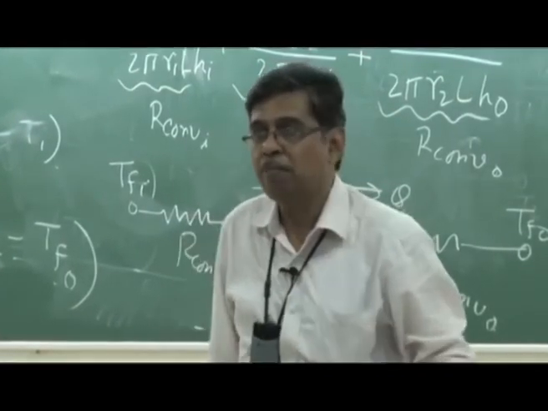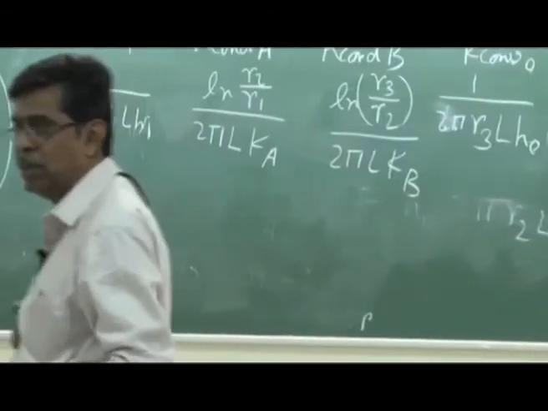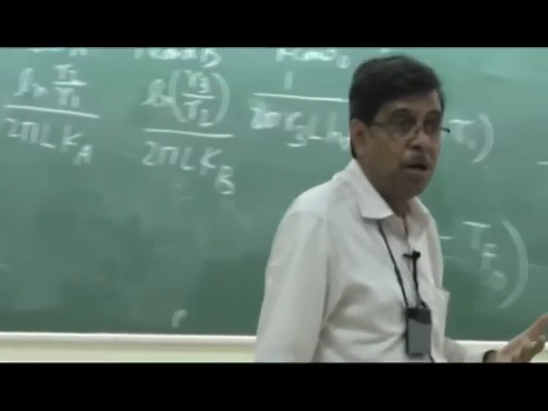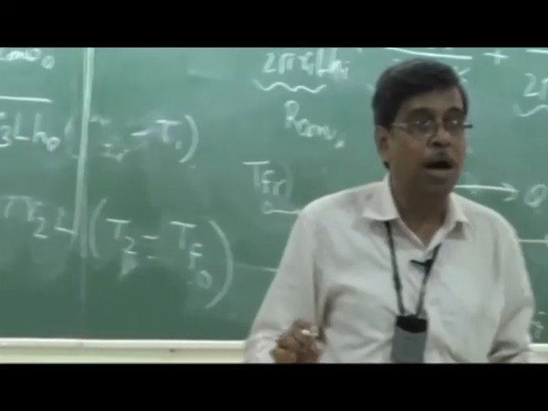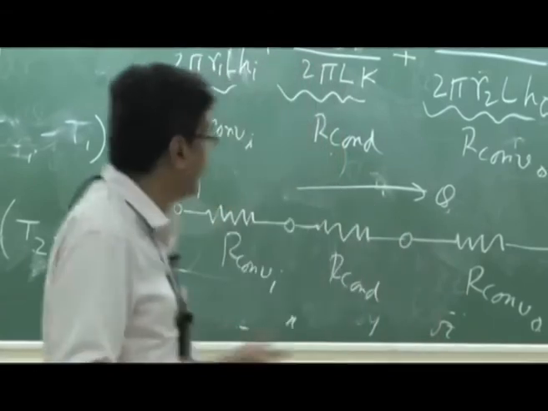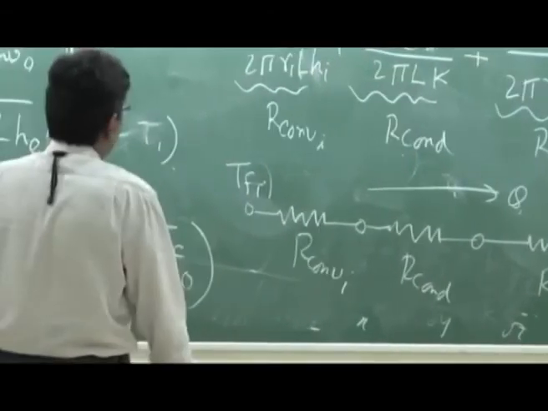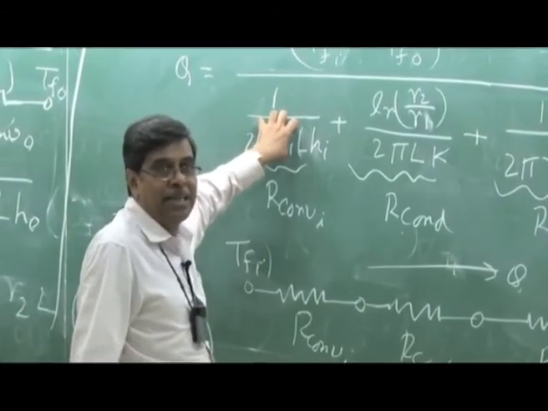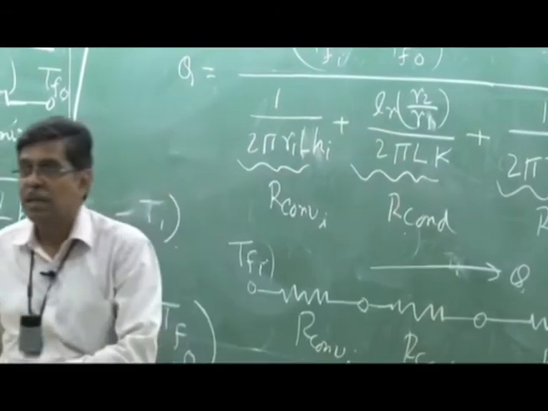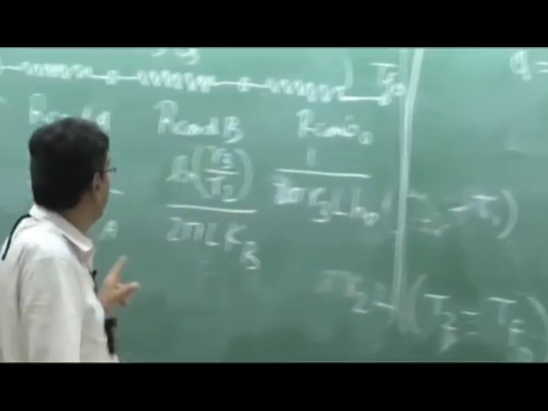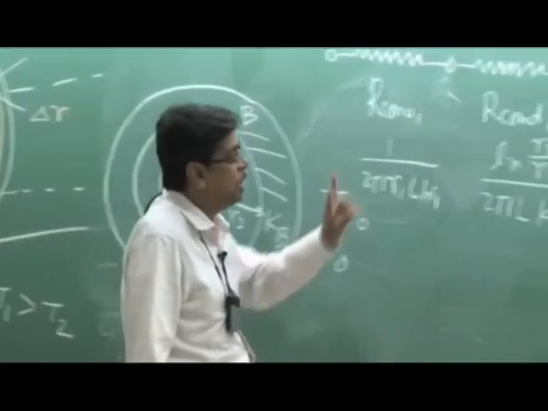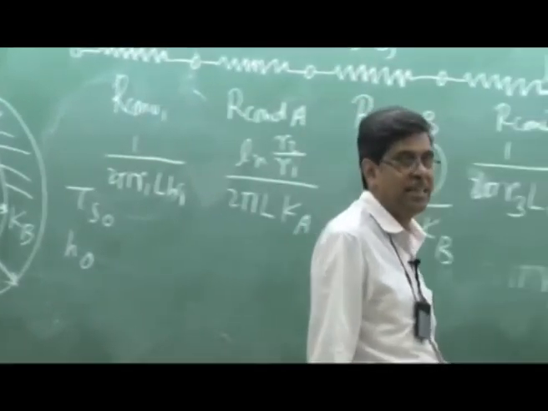It is a little before the time, but the next thing is the critical thickness of insulation. That I will take in the next class. Now, just wait, I give you a clue before starting the next topic. When the heat flux is given by this, you see that if you increase the outer radius, two things happen in contrasting nature.